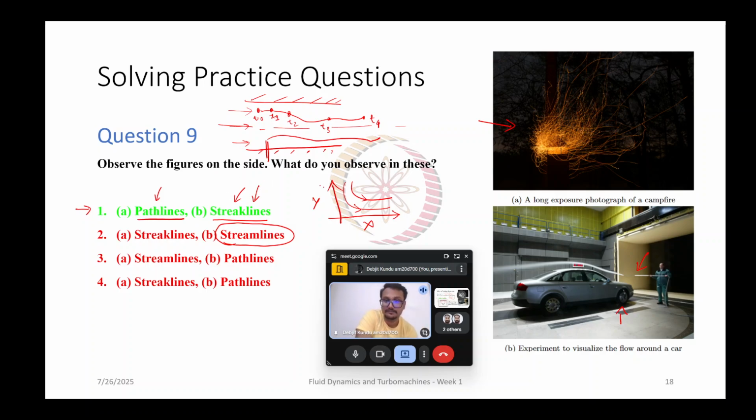A streamline is a line in which, if this is my streamline, at any point if I draw a tangent, then that tangent gives me the direction of velocity at that point. That's the definition of a streamline. These are all different things in case the flow is unsteady. If it is steady, then all of these become one and the same thing.